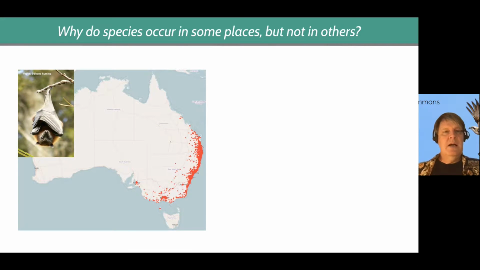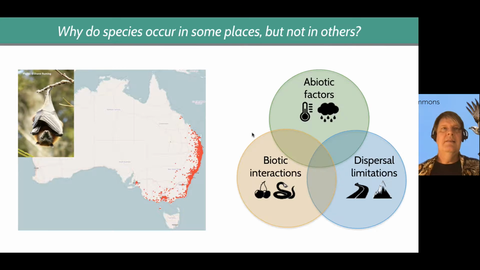So I just want to highlight, you know, species distribution modeling is all about predicting where species occur in the landscape. Why do they occur in some places but not in others? And this relates to all kinds of things. So there's abiotic factors. You know, it might be too wet for a species or too hot for a species to occur in an area.